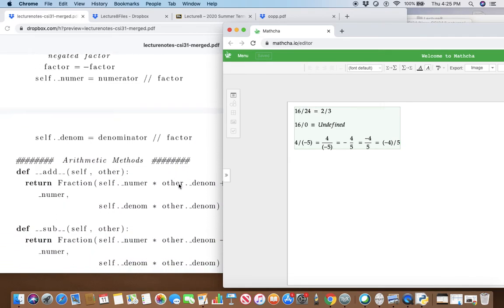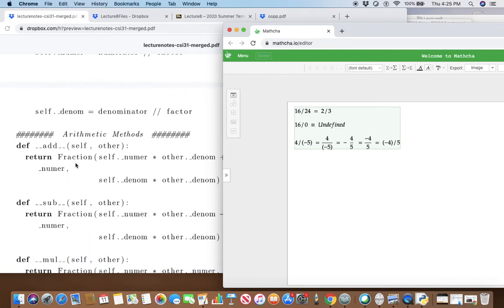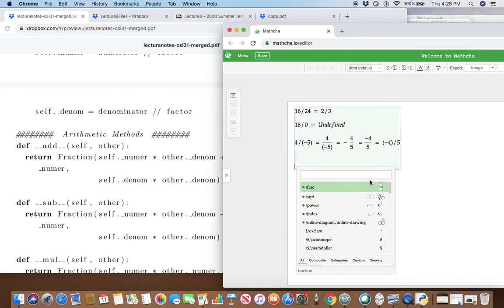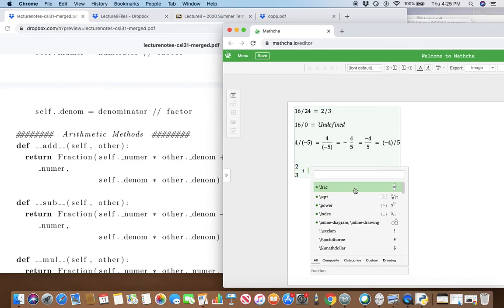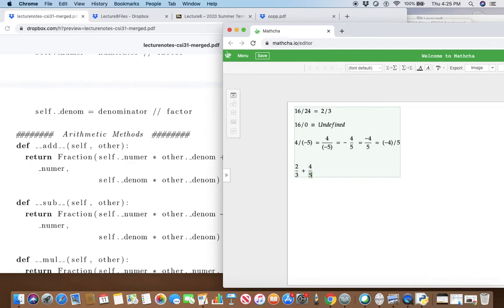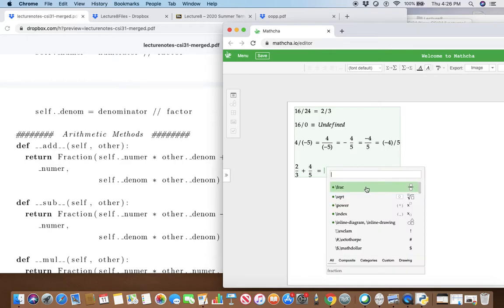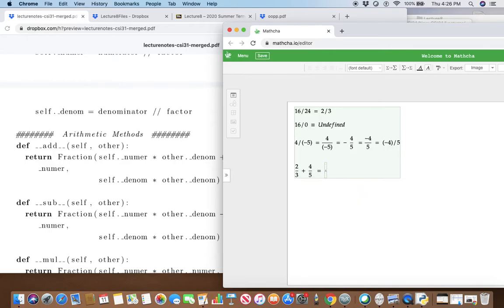Now start adding fractions. How do you add fractions? Well, what do we do to add fraction 2 over 3 plus fraction 4 over 5? This all of us know. We look for the denominator being the least common multiple.